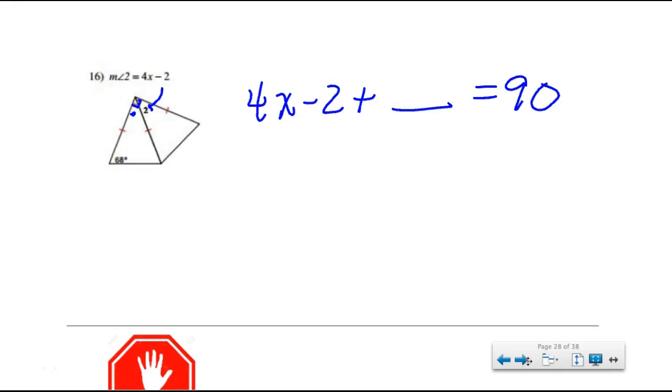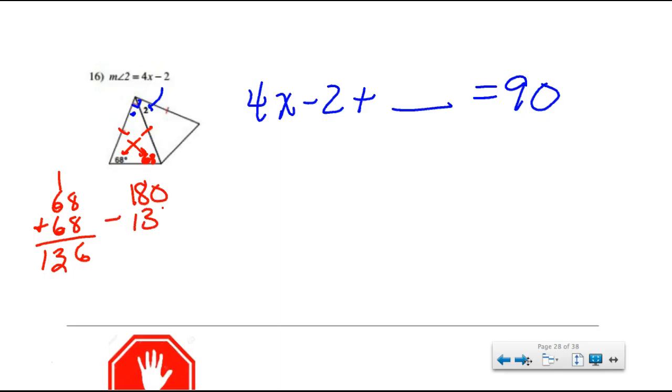I've got an isosceles triangle as indicated by these being the same. If those are the same, then the base angles, the ones across from those sides, are also the same. So now I'm in a triangle. I've got 68 degrees and another 68 degrees at the bottom of that triangle for 136 degrees. The angles in a triangle add up to 180.